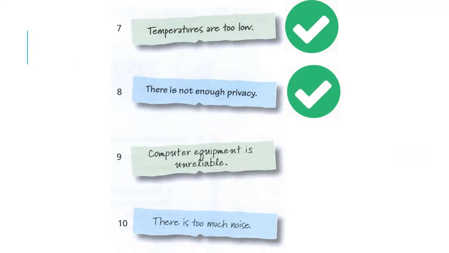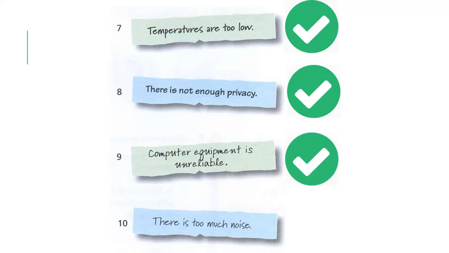Number nine, computer equipment is unreliable. The word unreliable refers to something that you cannot trust. So for example, if your computer is unreliable, it means that probably it is slow, or that it shuts down without being expected. Or the colors are not the best ones, or you say something and it gets lost.